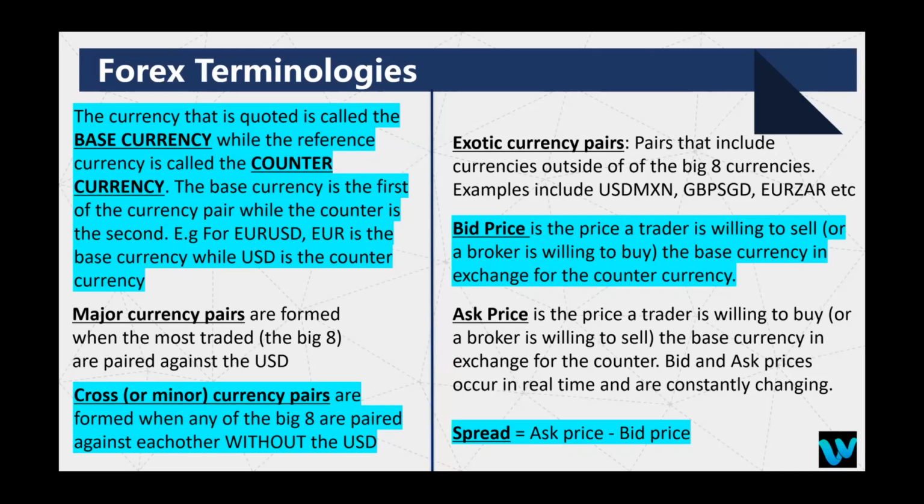We can also call it the buying price. The ask price is the price the broker is willing to sell. That's your buying price, but it's the broker's selling price. We are going to look at it from the broker's perspective because we are traders. So the ask price is the selling price, the price the broker wants to sell to you, while the bid price is the buying price, the price the broker wants to buy from you.